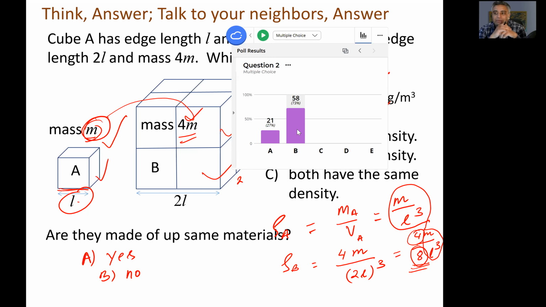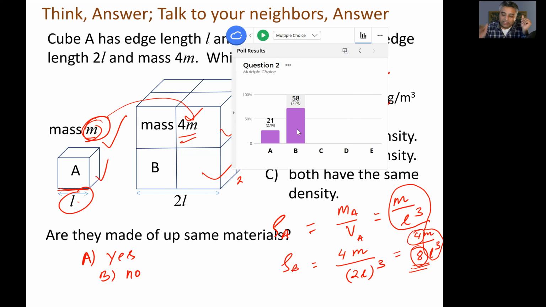All of them have same density. That's what we know. They may have different mass, different volume, but when we take mass and divide that mass by the volume, we get same density. Okay, and so density is the property of the material. So if we know density is same, that means it's the same material. So different materials have different densities.